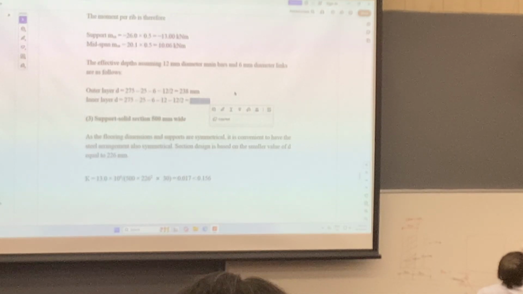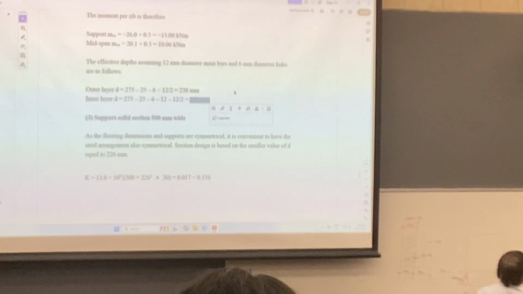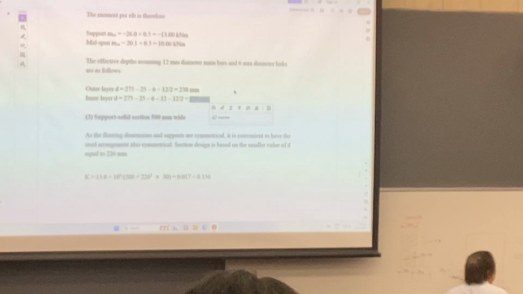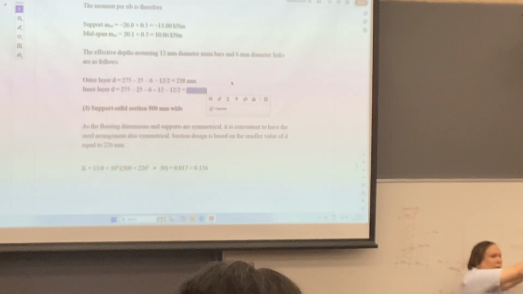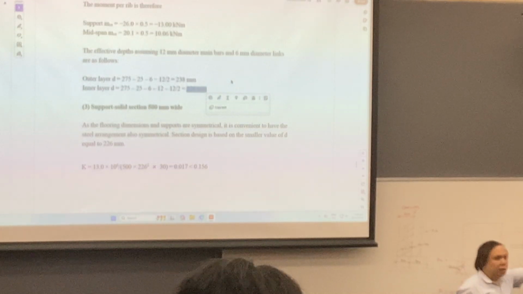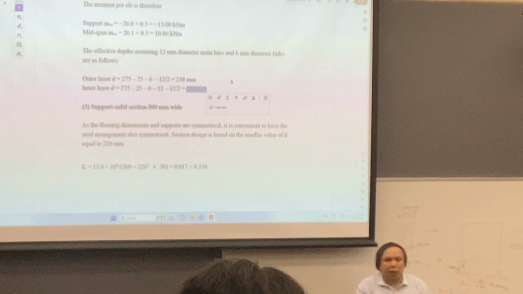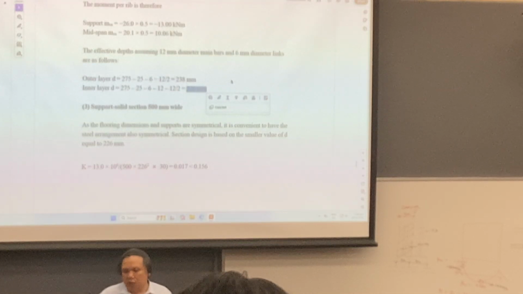So you have the outer d equal to 238 and the inner d equal to 226.